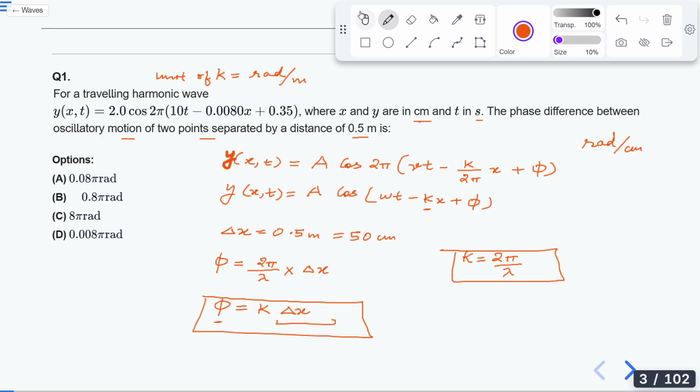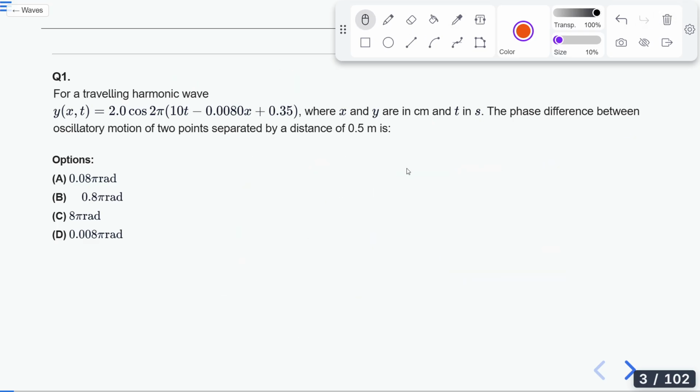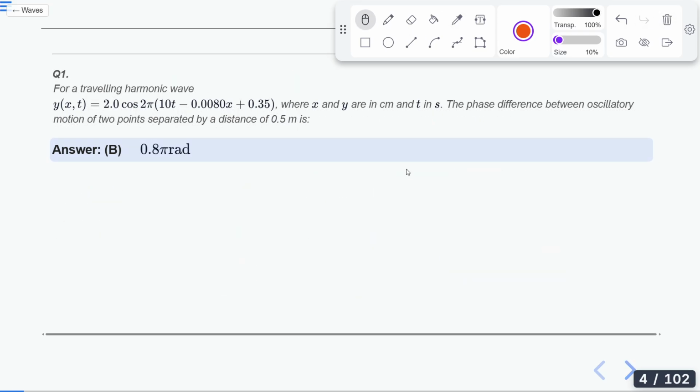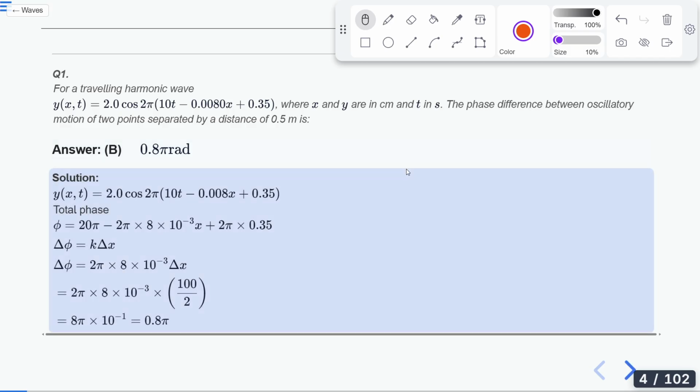Okay, so let's see the solution. B option is the correct option. Very good, those who have solved. So by comparing this, don't bother about that step, that step is extra. So they have converted the distance 0.5 meter into 50 centimeter.